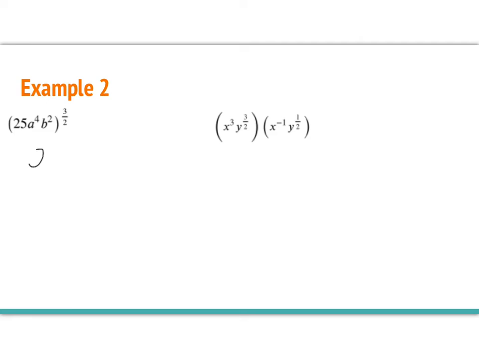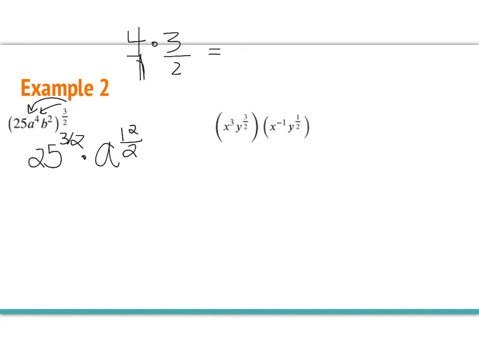So I said that this is 25 to the 3 over 2 times a. Now this is multiplied here, so this is a to the 4 times 3 is 12 all over 2. Okay, again it's 4 times 3 over 2. This is technically over 1, therefore we get 12 over 2.